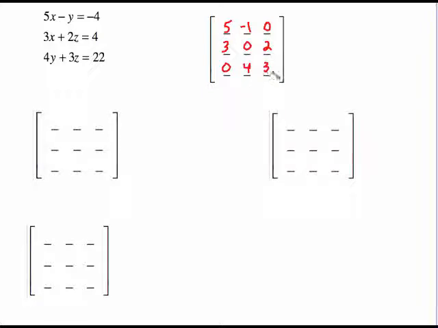Now there's a lot of zeros here, but they're not in a particular row or column. So I would not do this by minors. I would do this with diagonals. So this is 5, 3, 0, negative 1, 0, 4. Down the diagonal, 5 times 0 times 3 is 0. Negative 1 times 2 times 0 is 0. And 0 times 3 times 4 is 0.